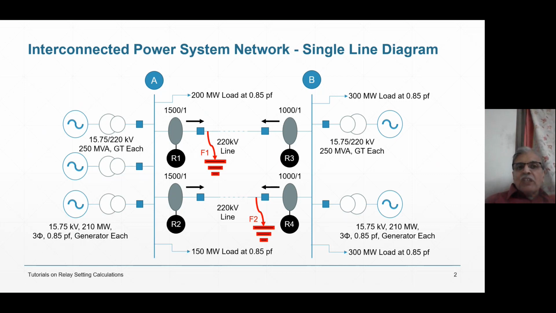But most surprisingly, and most difficult to understand, is if the fault occurs at F2, then R4 will operate first and R1 will give backup. So R4 gives backup to R1 and R1 gives backup to R4. R1 and R4 give backup to each other. R2 and R3 give backup to each other.